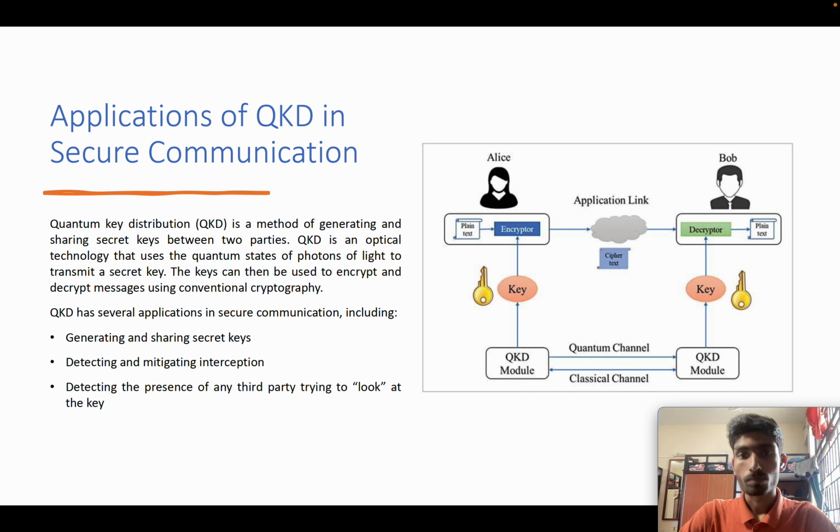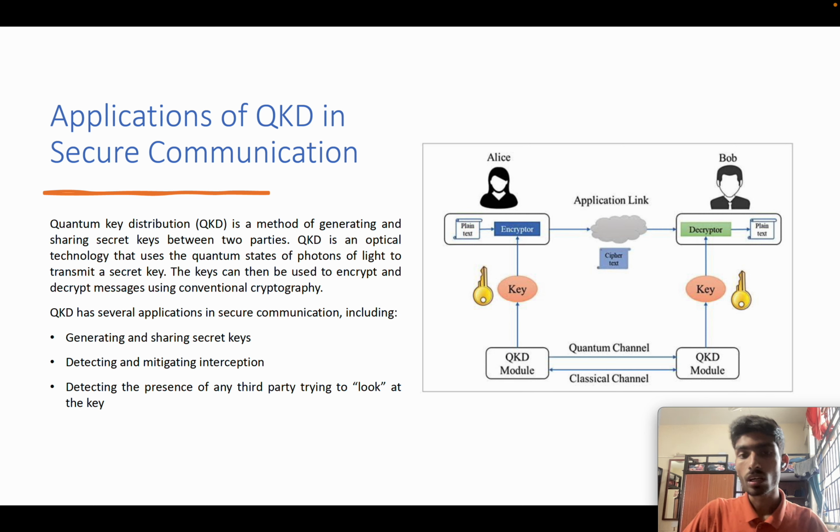For sending the ciphertext, we are using the application link, and for exchanging the encryption keys, we are using the quantum channel, or you can see the QKD module. The classical channel is also there. Now we are going a step ahead and using the quantum channel, as we are seeing in quantum cryptography.